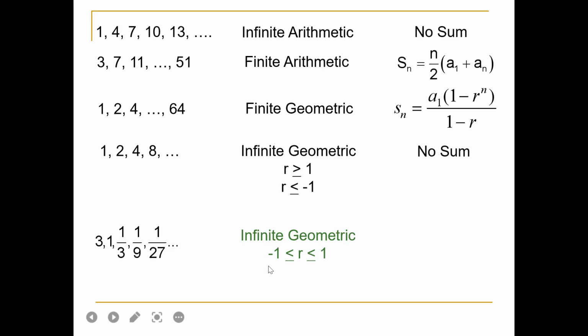It's between -1 and 1. Okay? Ang 1/3 ay nandito. Less than 1, right? So, if the value of r is between -1 and 1, the formula is a sub 1 over 1 minus r. Okay? So, let's try an example.